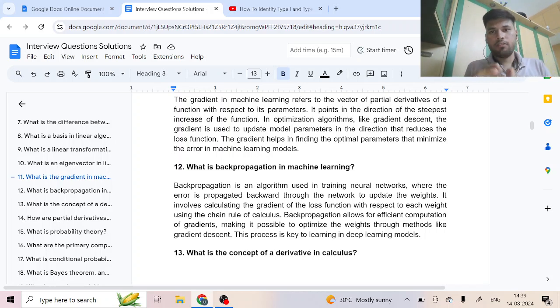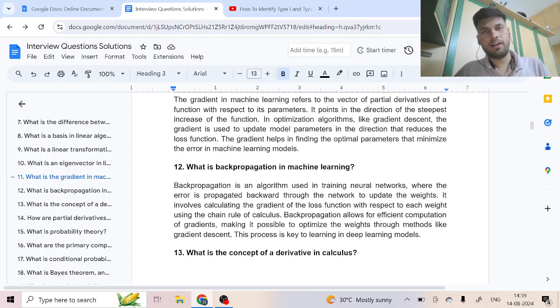Now, the network produces an output which is then compared to the actual target to compute an error. The error is calculated using a loss function such as mean squared error, mean absolute error, or binary cross entropy.